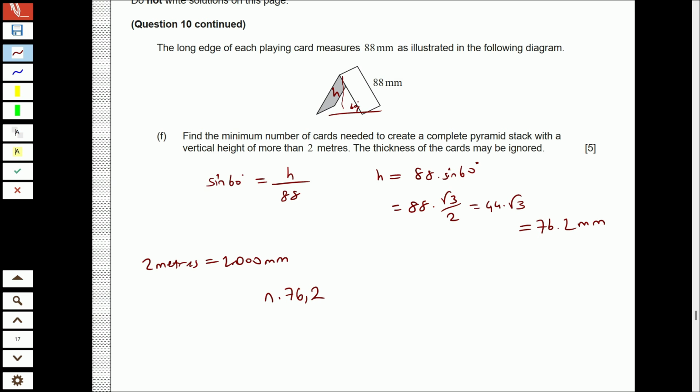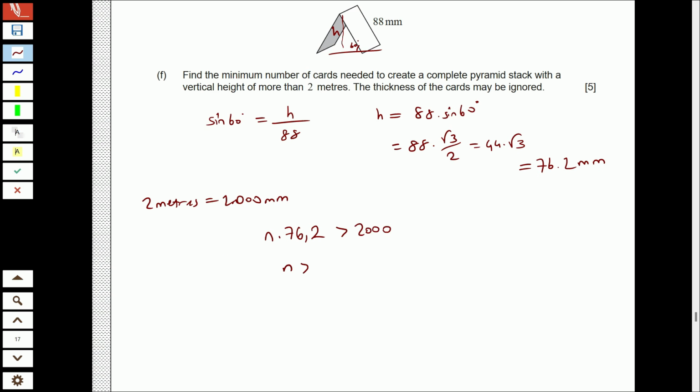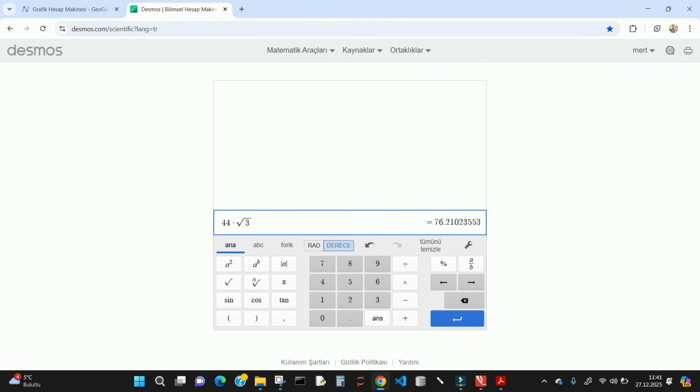And it will be greater than 2000, right? And I know that n will be greater than 2000 divided by 76.2. Let's find this, 2000 divided by this number. Or you can just copy this number first. 2000 divided by, yeah.